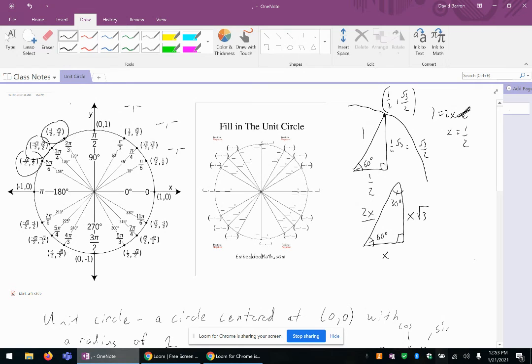If you notice, all the denominators are 2. For the x-coordinates of these angles in quadrant 1, the numerators are 1, 2, 3. And for the y-coordinates, it's 3, 2, 1. Then you slap a square root on all the numerators. Typically, we don't write the square root of 1 as the square root of 1, because the square root of 1 is 1, since 1 times 1 is 1. So we just write it like that. That's a mnemonic to help you remember the coordinates.